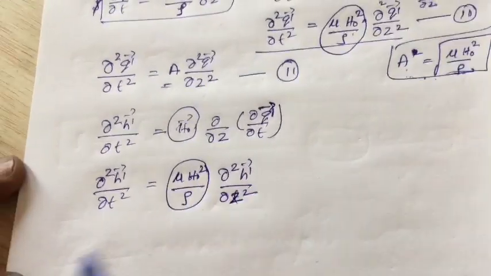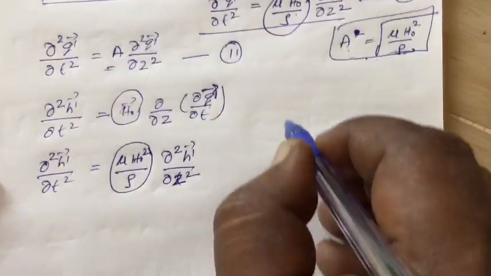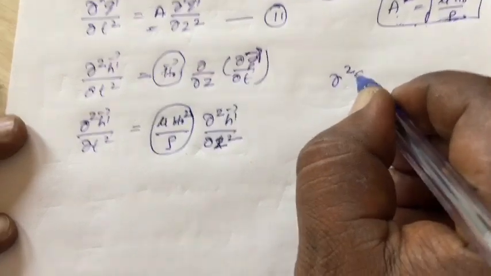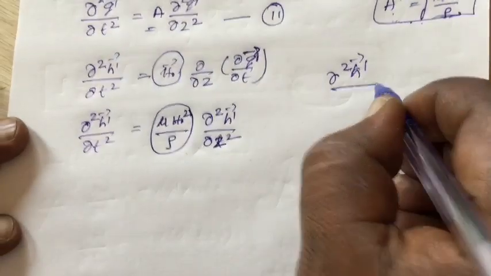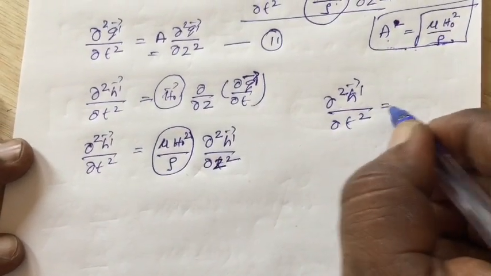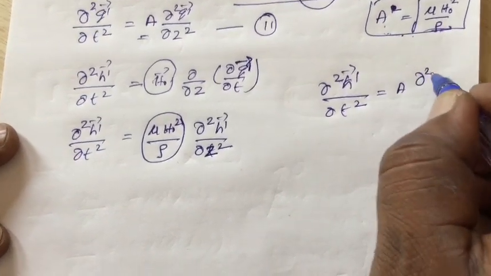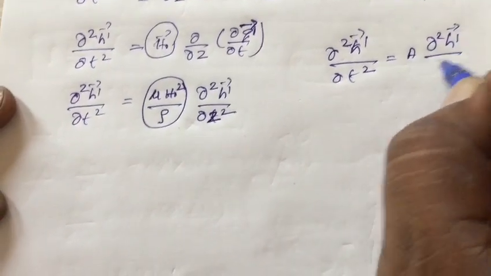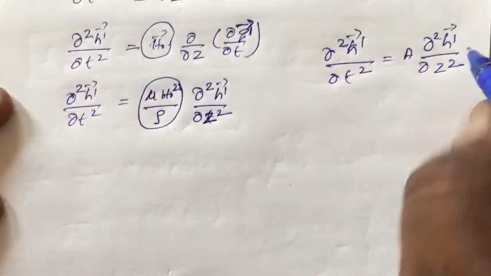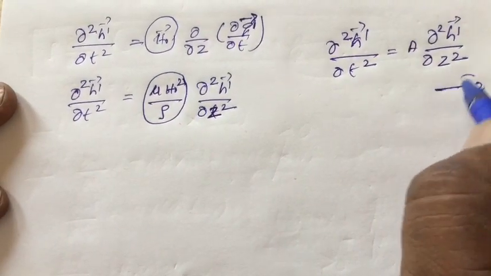Again this is A square, that's why this equation becomes del square h dash by del t square is equal to A square into del square h dash by del z square, and call this equation number 12.